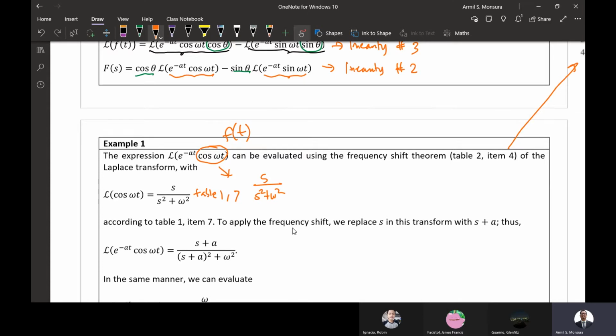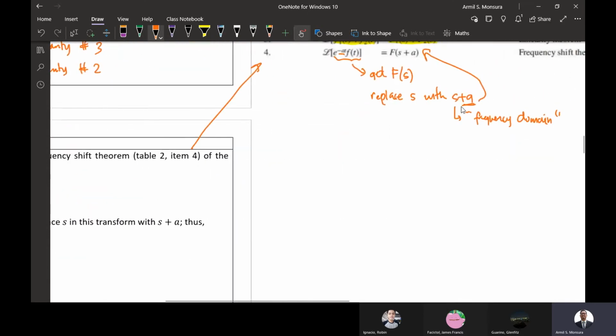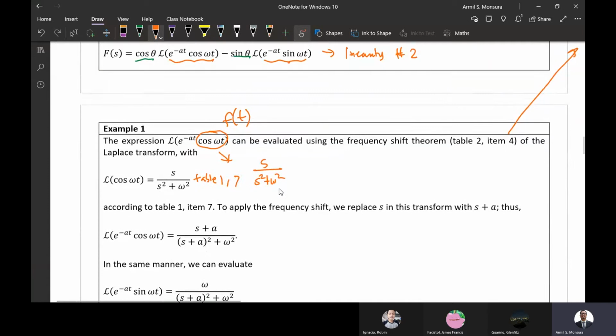Tapos, anong susunod na gagawin? Yun nga, replace s with s plus a. Okay, so ang next na gagawin nyo dyan is to replace s with s plus a. As in, papalitan nyo siya talaga ng s plus a. Okay? So, since we take note na negative a siya dito, ang ipapalit talaga natin is s plus a.